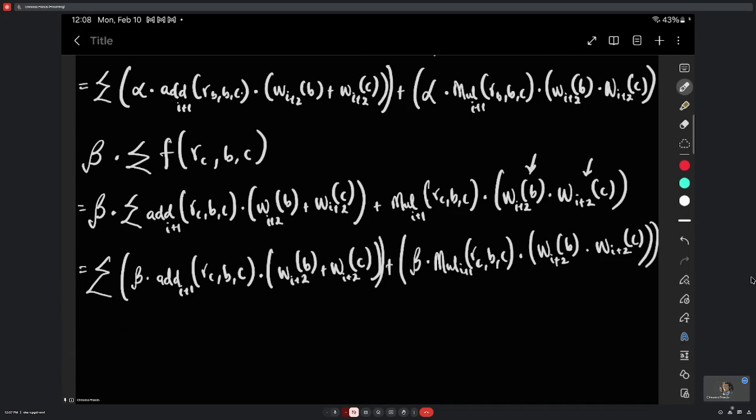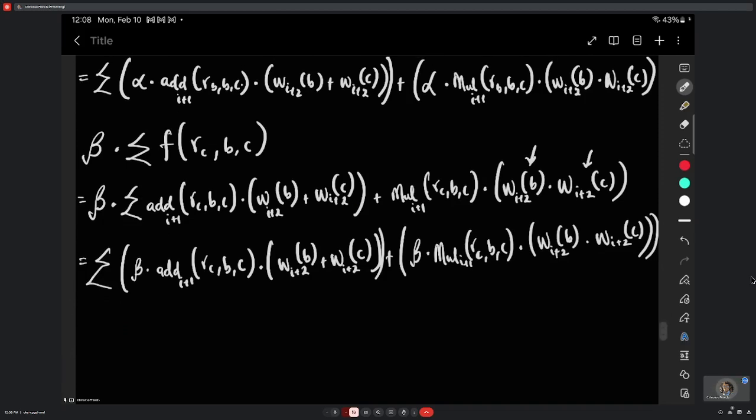So let me just ramble why. We know that the verifier has access to the circuit, right? And since the verifier has access to the circuit, the verifier can generate add I and mul I, right? And also the verifier is the one that samples alpha and beta, the random challenges.